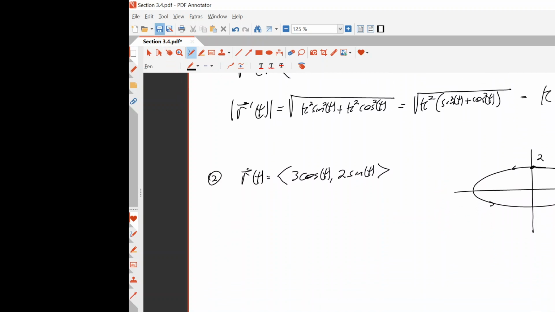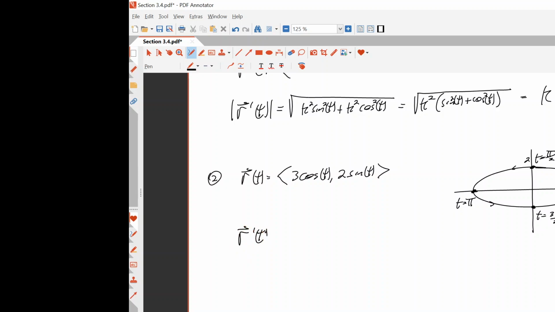What kind of speed do we have now? This is t equal to 0, t equal to pi over 2, t equal to pi, t equal to 3 pi over 2, and then t equal to 2 pi, you're back here. What kind of speed do we have here?